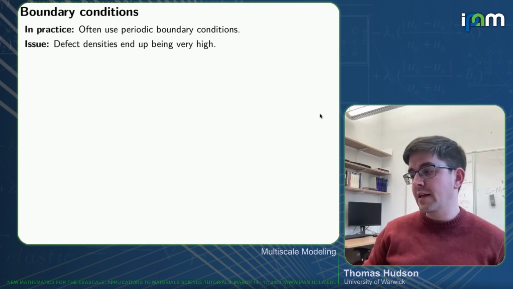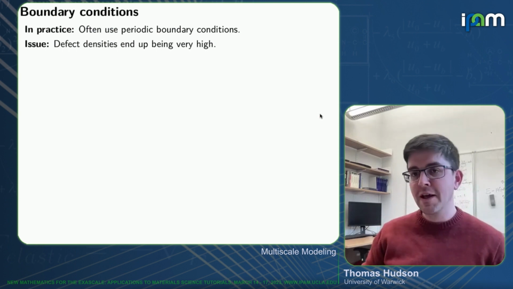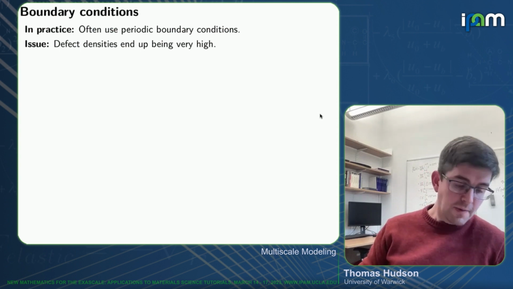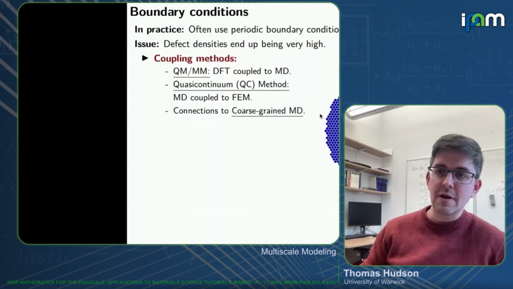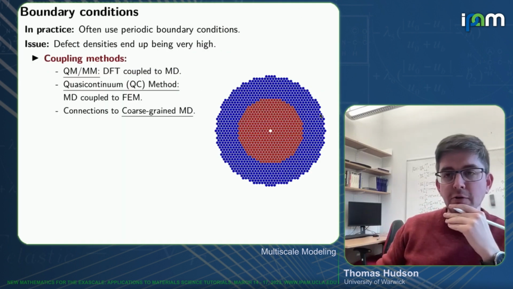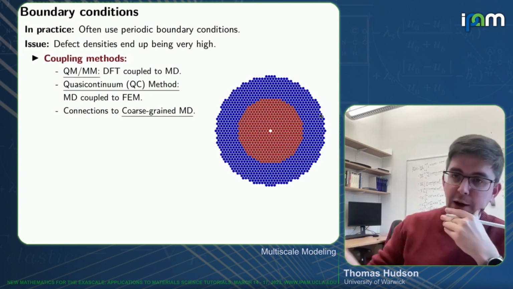And if the elastic fields start self-interfering with periodic boundary conditions, there's certainly uncertainty about the validity of some of the predictions we make. So there are various approaches that have been proposed to handle not just periodic boundary conditions, which are things like using coupling methods.